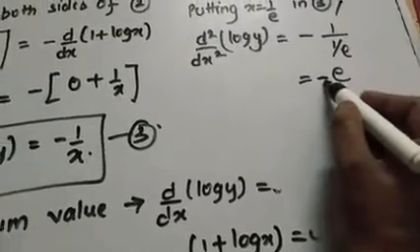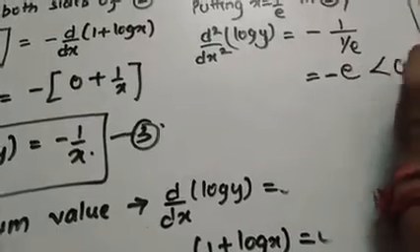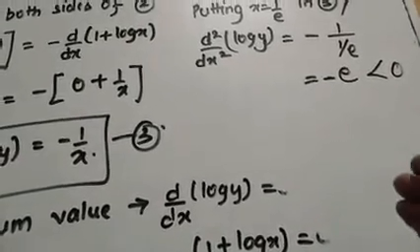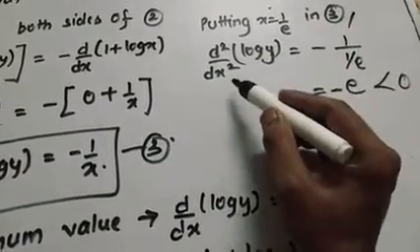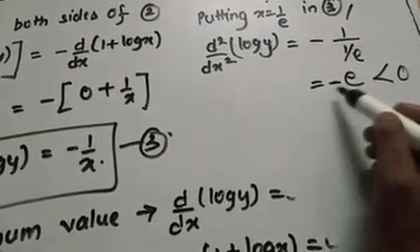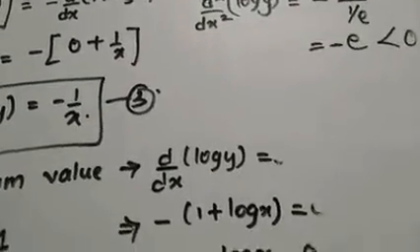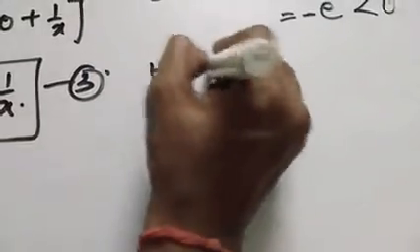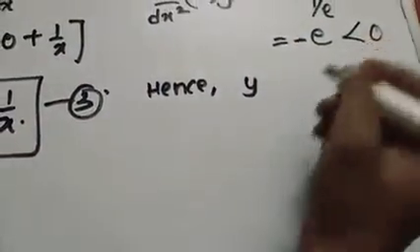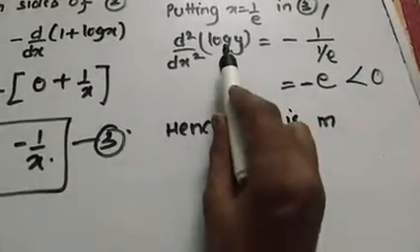So finally minus e. See, a negative means it is definitely less than 0, so this is less than 0. So for the point x equals 1 by e, we got our second order derivative as less than 0, that is negative, and negative means maximum. Now the final conclusion, you will write: hence y is, see, log y is maximum.